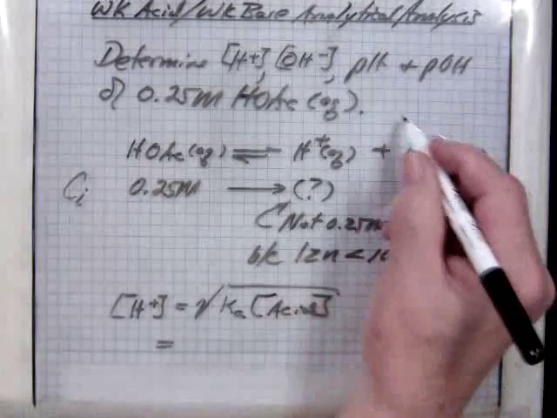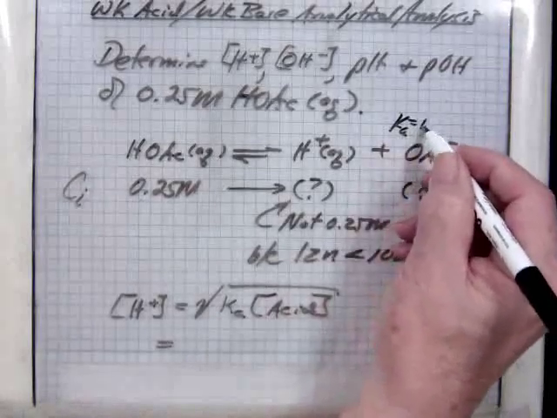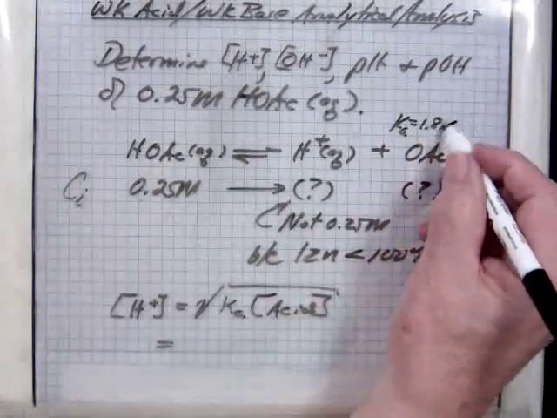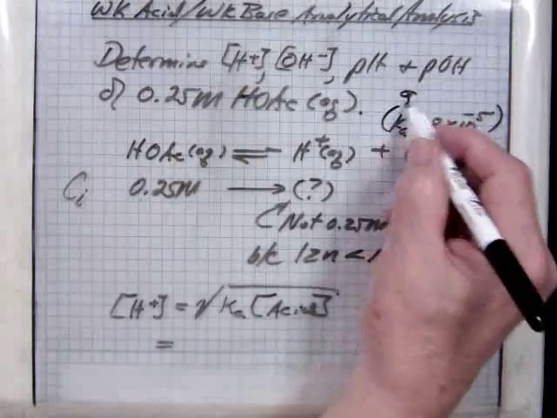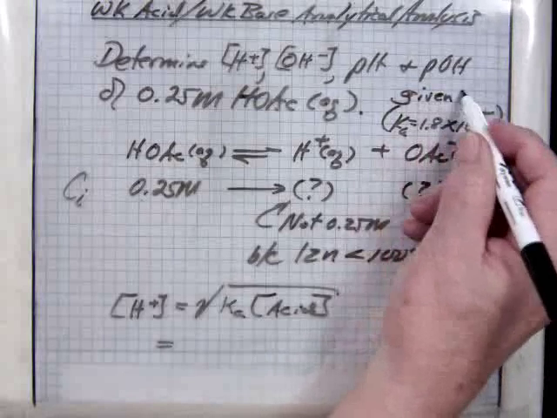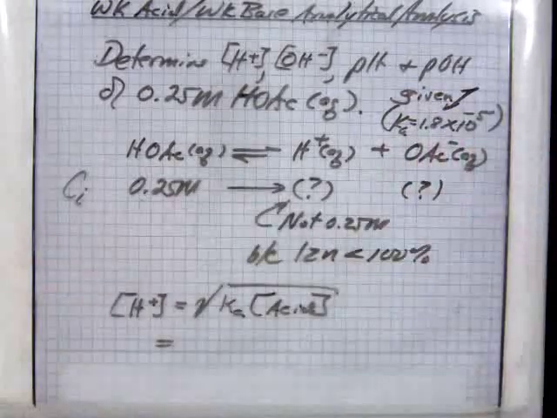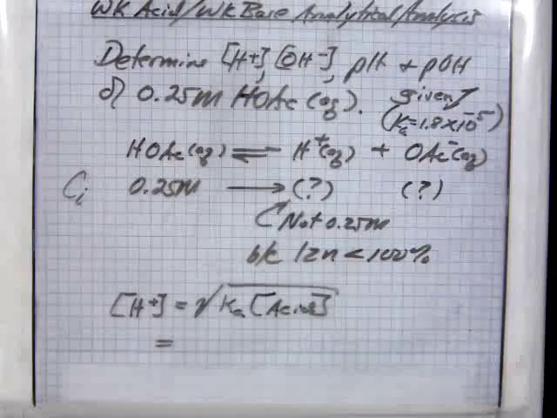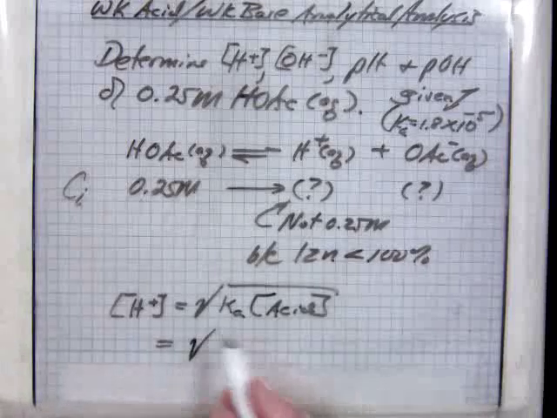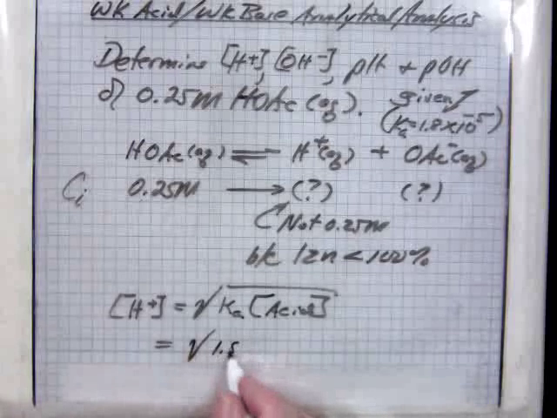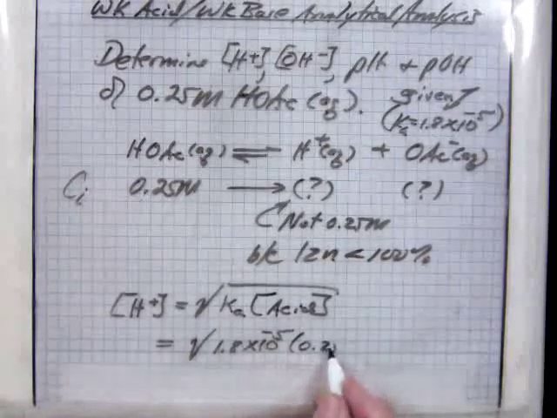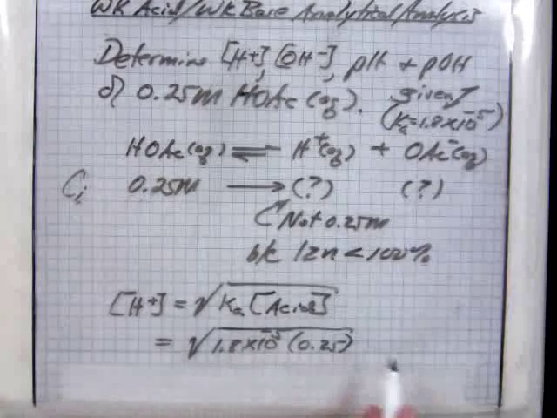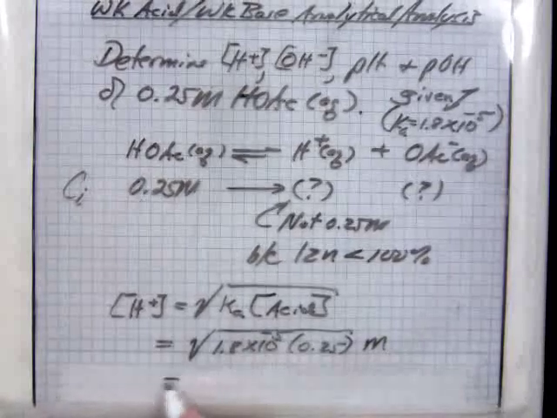So we have Ka equals 1.8 times 10 to the minus 5. That's a given, along with whatever concentration the acid is. And you just simply plug and chug: the square root of 1.8 times 10 to the minus 5 times 0.25, and it will come out in moles per liter.